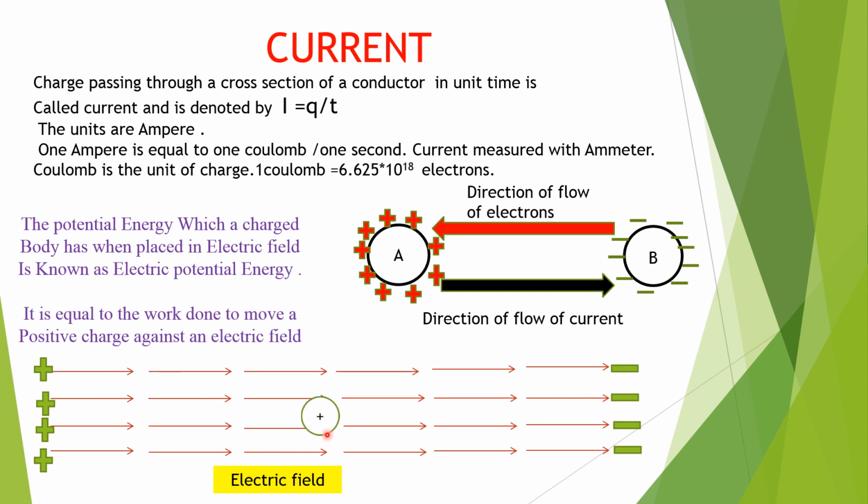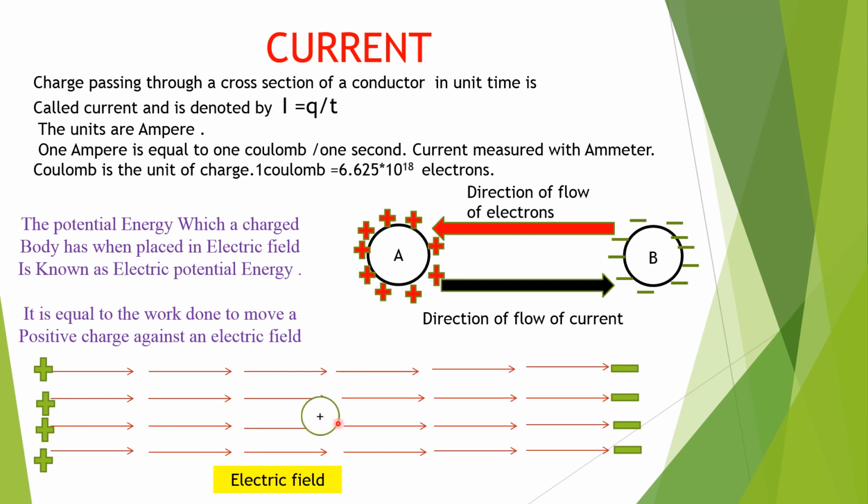This positive charge is kept within the electric field. When the positive charge is kept in the electric field, this charge has some electrical potential energy. So the potential energy which a charged object has when placed in an electric field is known as electrical potential energy.